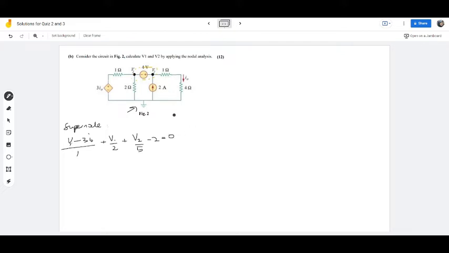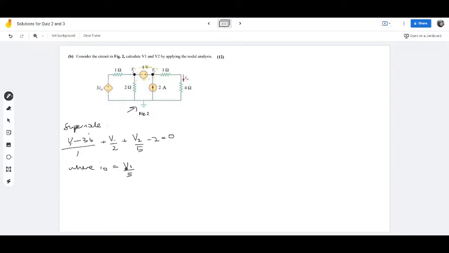All right, so now you know that there's another unknown variable, I naught. What is I naught? I naught is the current passing through here. So I naught equals V2 over 5.